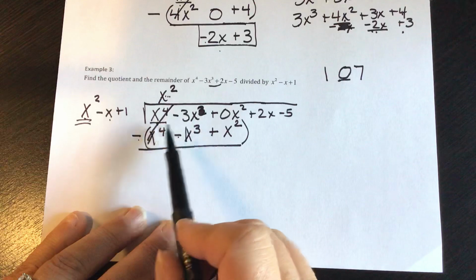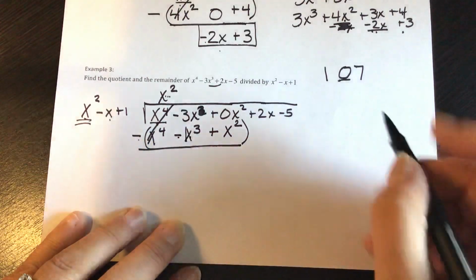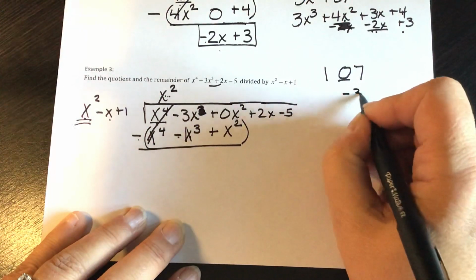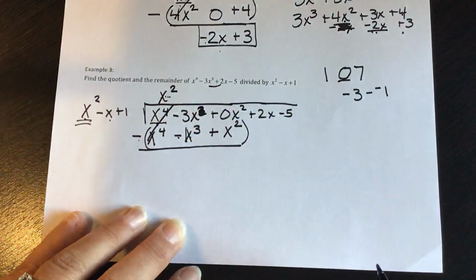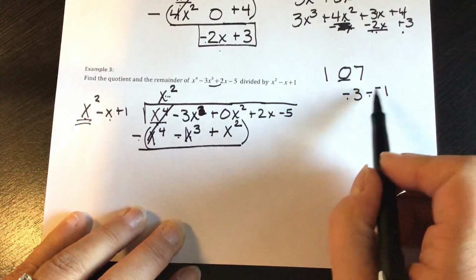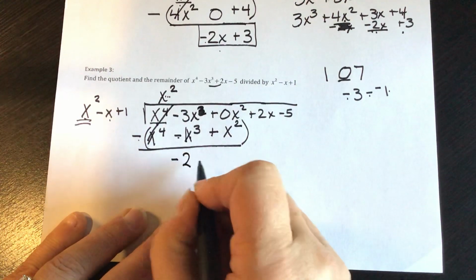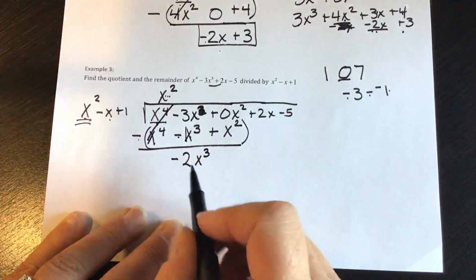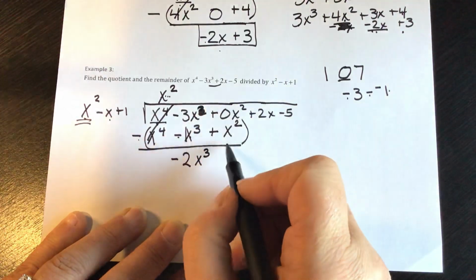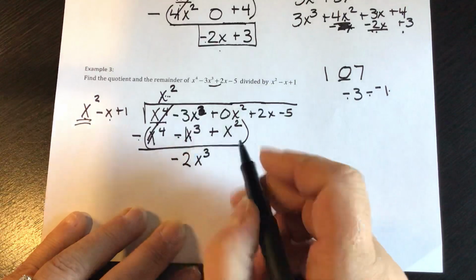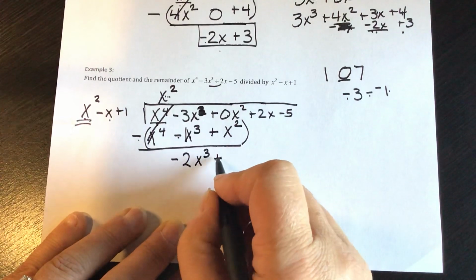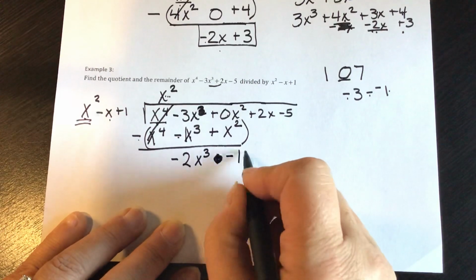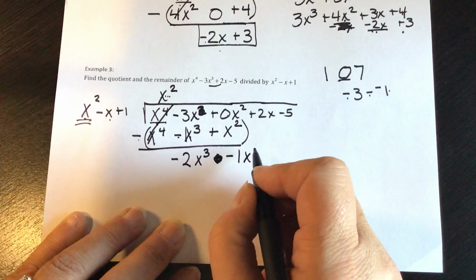Sorry. Negative 3 minus negative 1. So it helps you to write over to the side, negative 3 minus negative 1 is negative 2, x to the third. Then I'm subtracting 0 minus 1 is 1, and that's negative 1, x squared.